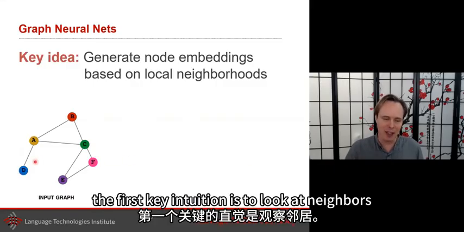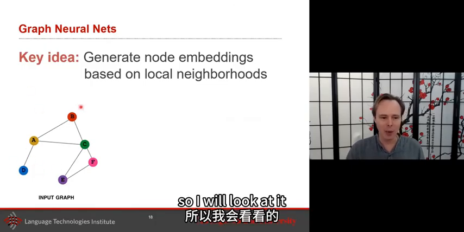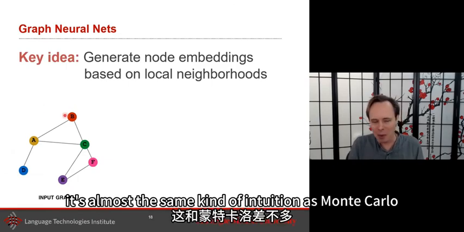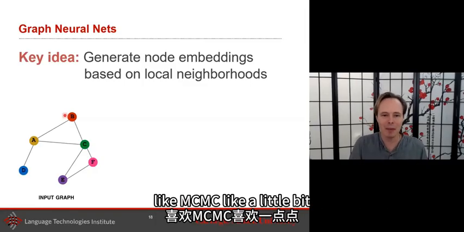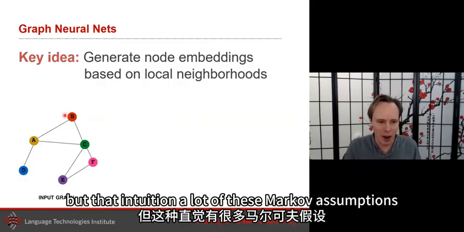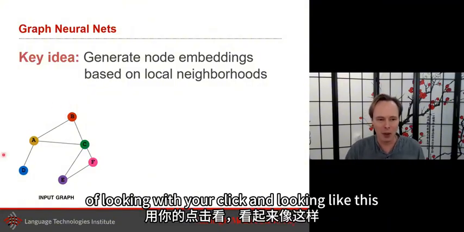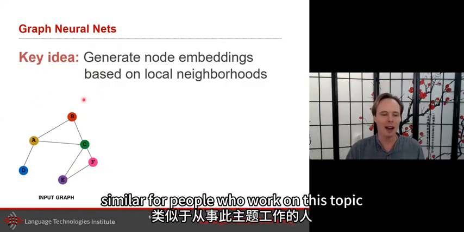The first key intuition is to look at neighbors. It has almost the same kind of intuition as Monte Carlo, like MCMC, with the Markov assumptions of looking at your clique, for people who work on this topic.